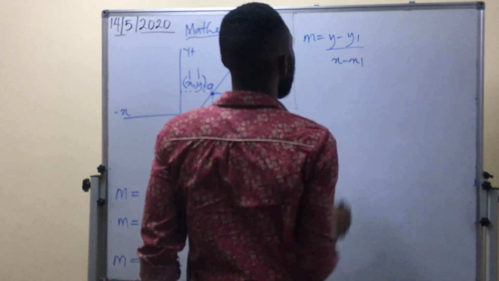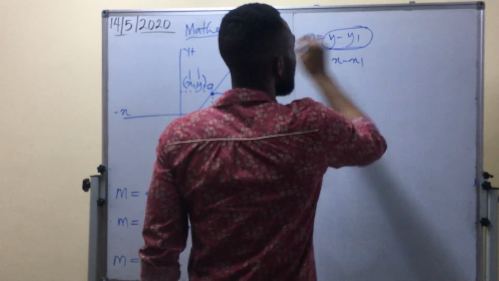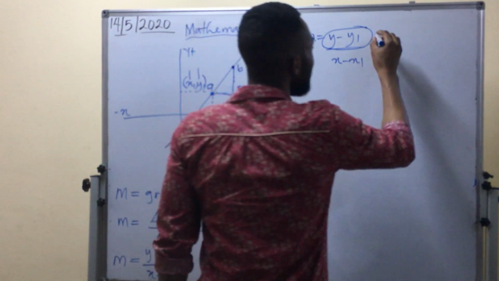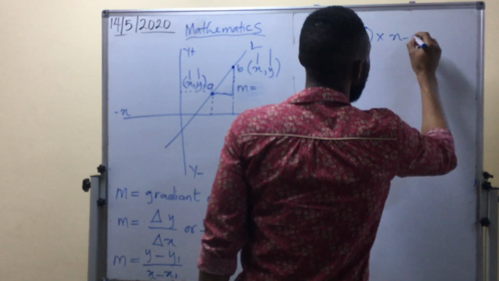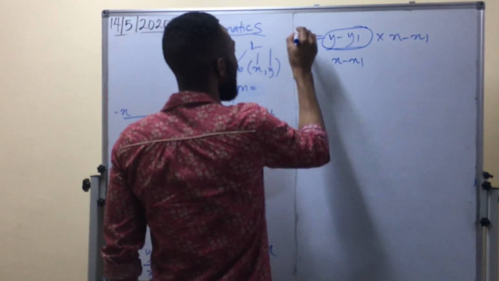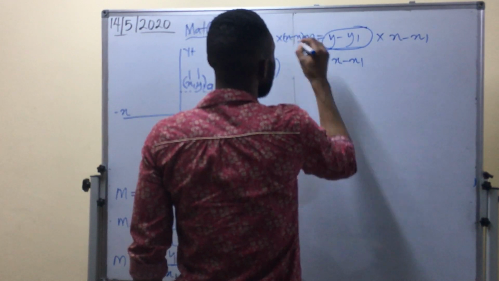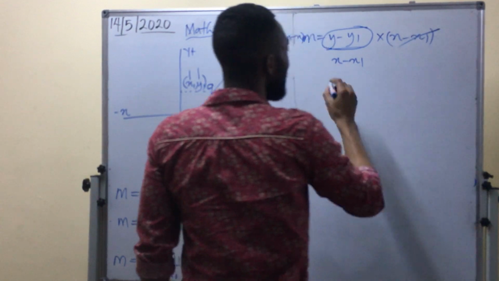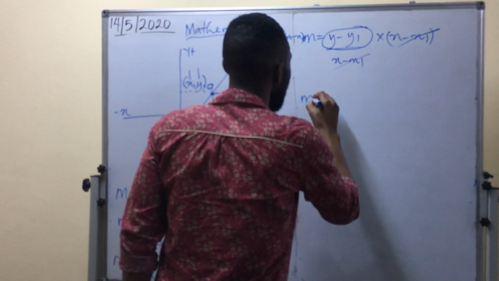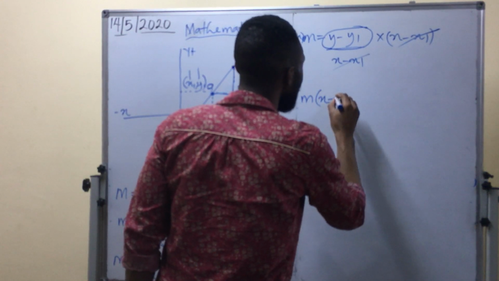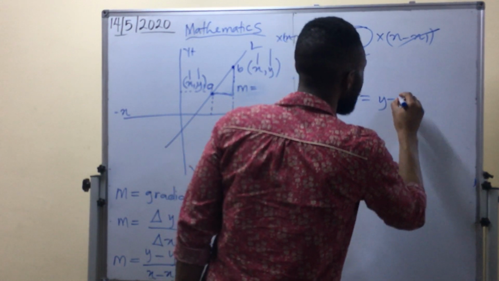That is, if I make y the subject of the formula, I can multiply both sides by x minus x1. The x minus x1 cancel one another, so then we have m into bracket x minus x1 is equal to y minus y1.